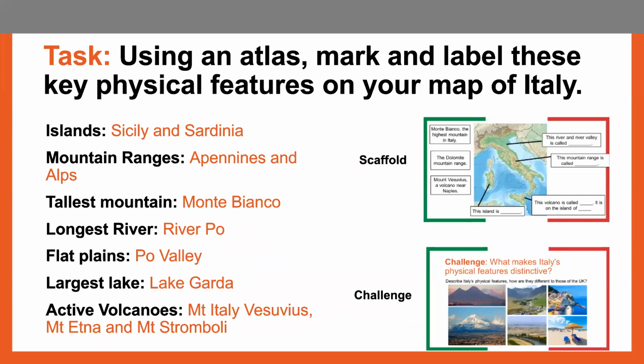Okay, so your task is using an atlas or a map. You're going to have a copy of the map. You need to find these key physical features on your map. So you need to find and identify the islands, the mountain ranges, the tallest mountain, the longest river, the flat plains, and the largest lake, and the volcanoes.